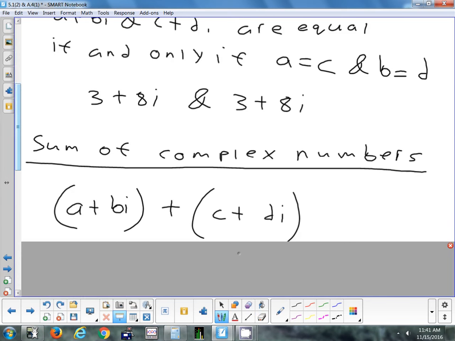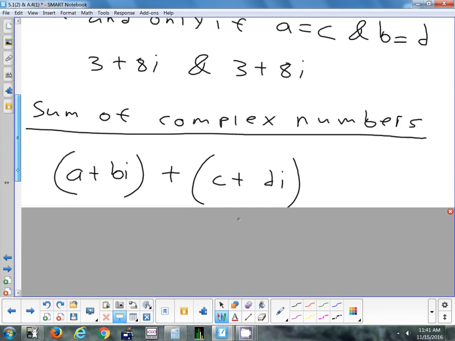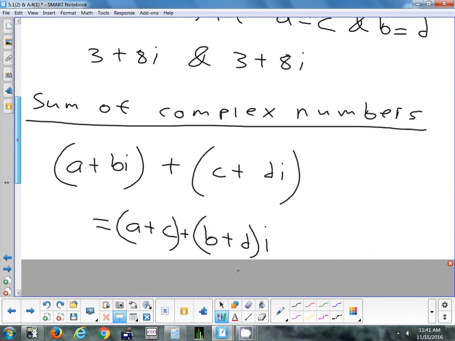Yeah, Connor? Combine the real parts and the imaginary parts together? Yeah, exactly. You combine the real parts together. Think of those as like terms. And then you combine the imaginary parts together. So the real part is the a and the c, and the imaginary part is the b and the d. Don't forget to put the i after that so we remember that's the imaginary part.